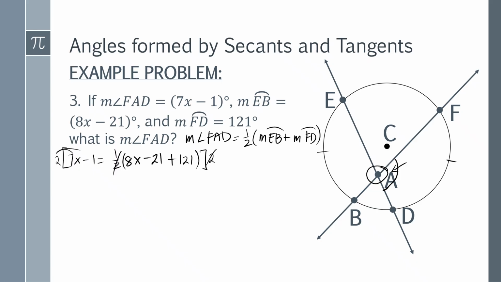So therefore, 14x minus 2 equals, rewrite this, 8x, then we have here 21 plus 121. So, no, 121 minus 21.